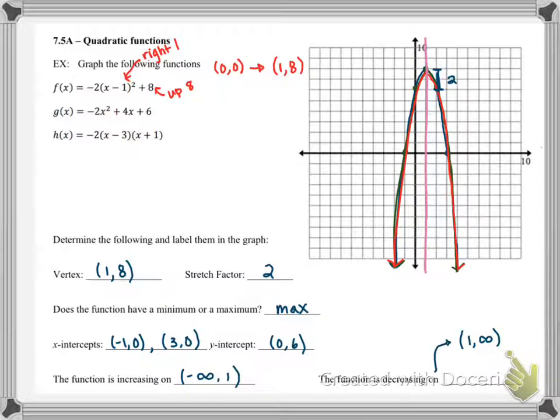What about the y-intercept? Yeah, in the second one. So remember that when we did lines, we had mx plus b, and b gave us the y-coordinate of our y-intercept. Well, that's actually true of every single polynomial function. The constant term always gives you the y-coordinate of your y-intercept.